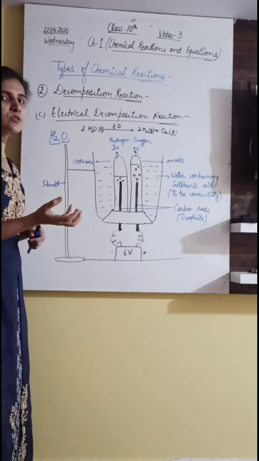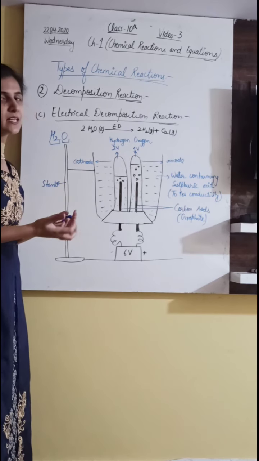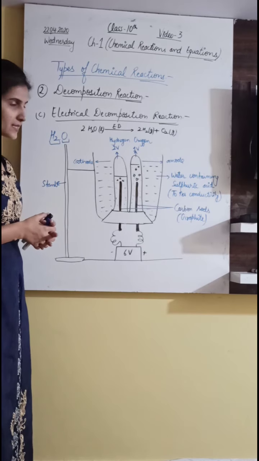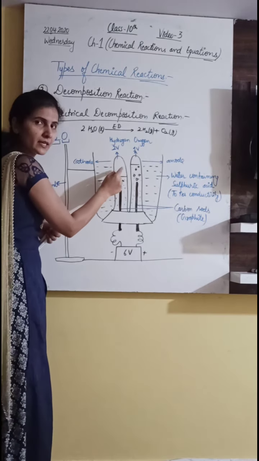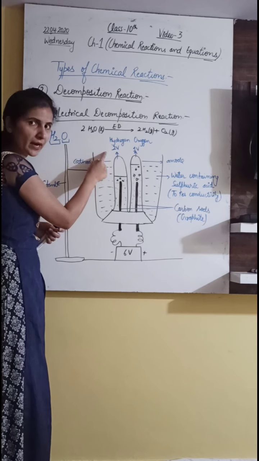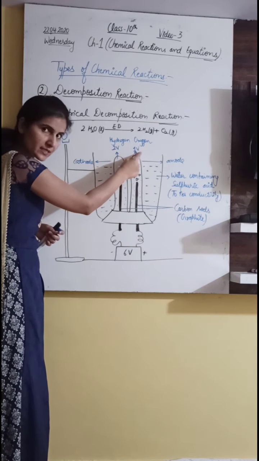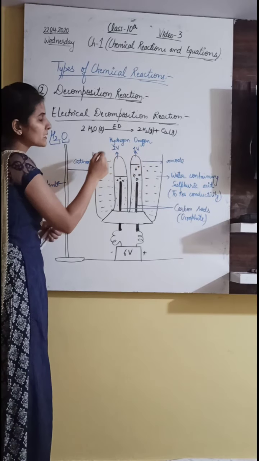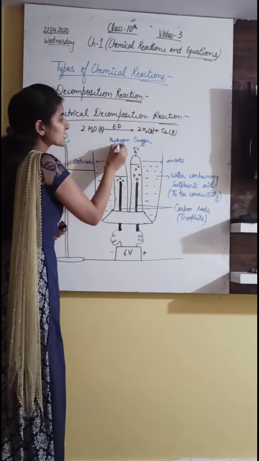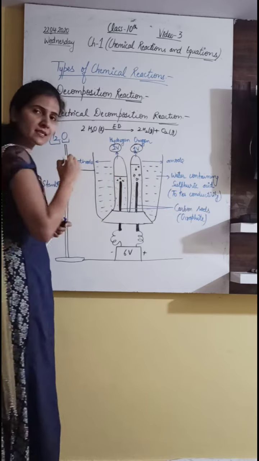So the large volume is the volume of hydrogen, 2 volumes. The small volume is the volume of oxygen, 1 volume. Hydrogen is twice in volume than oxygen.